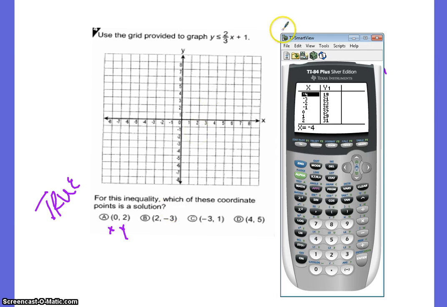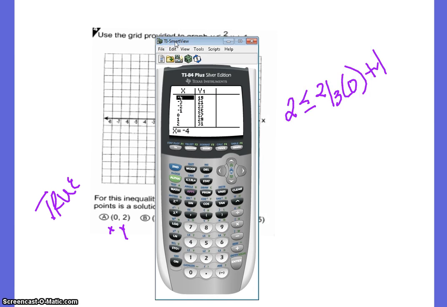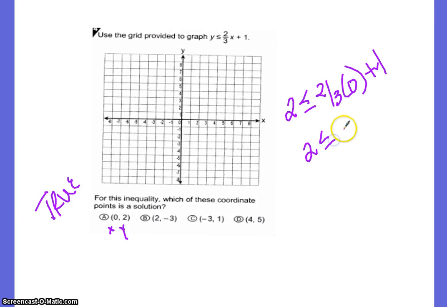So you want to take your calculator, that's your home screen, 2/3 times 0 plus 1. And you get 1. And you want to say, okay, so then tell me, is 2 less than or equal to 1? And the answer is no, so that's not my answer.